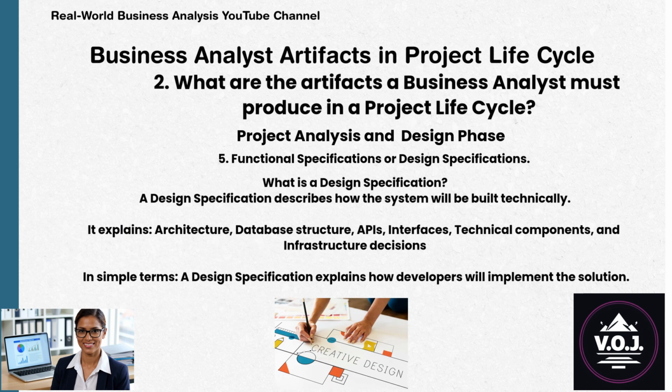What is a design specification? A design specification describes how the system will be built technically. It explains architecture, database structure, APIs, interfaces, technical components, and infrastructure decisions. In simple terms, a design specification explains how developers will implement the solution.